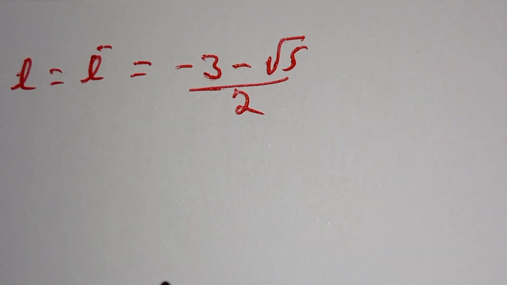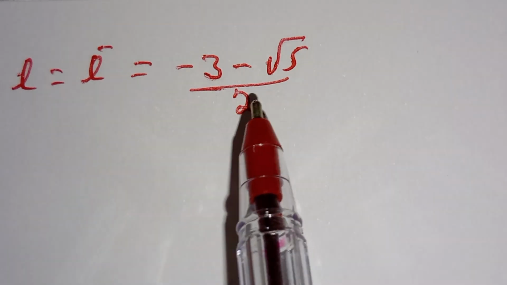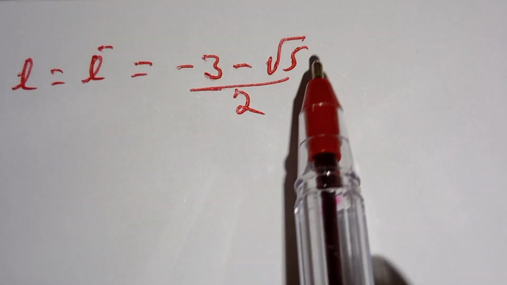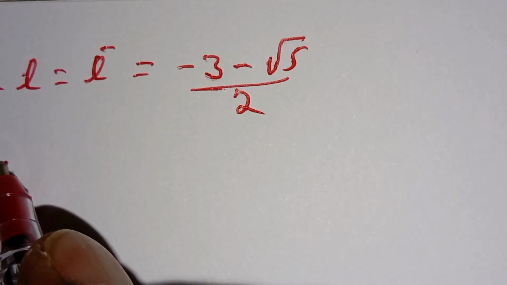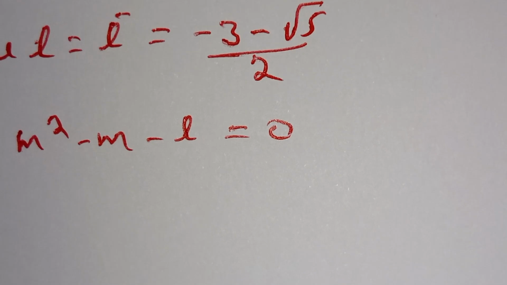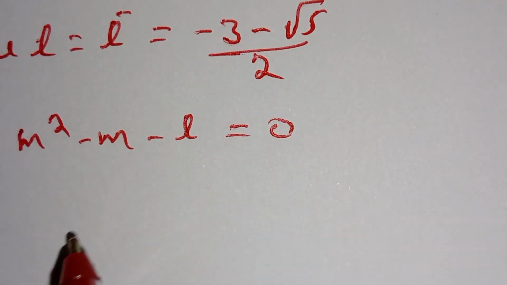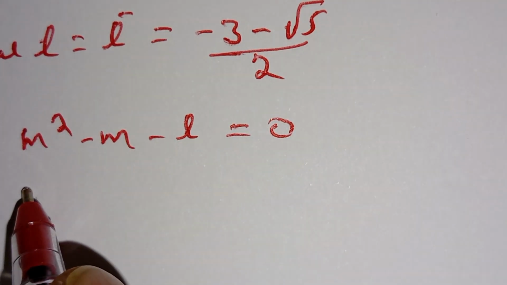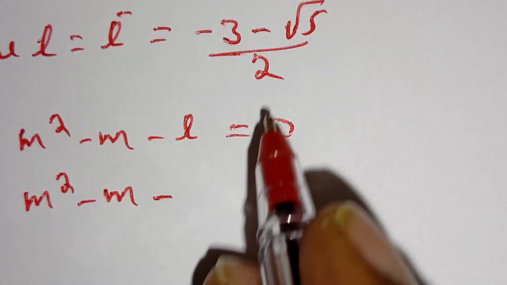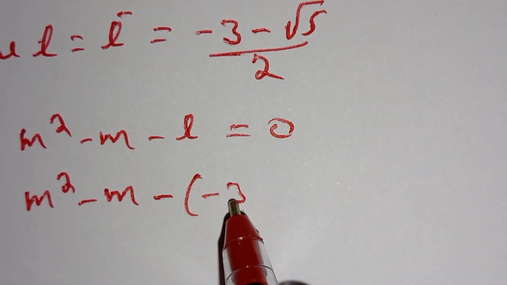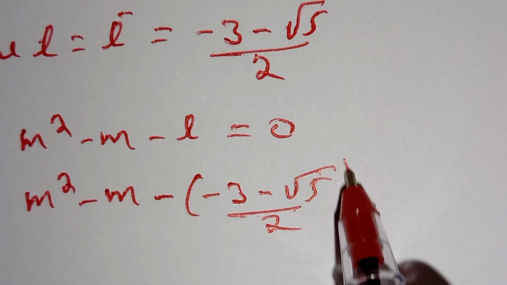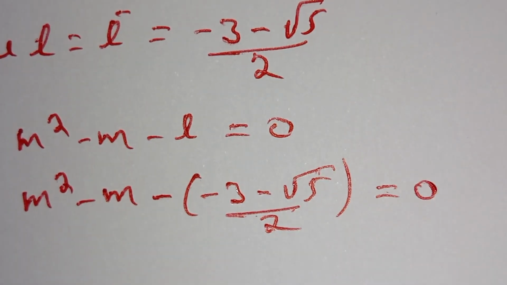Now solve m when L minus is equal to minus 3 minus radical 5 over 2. Remember that m squared minus m minus L is equal to 0. So based on this equation, m squared minus m minus this part, minus 3 minus root 5 over 2, is equal to 0.